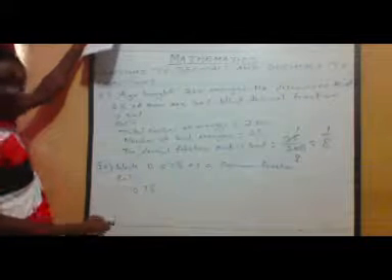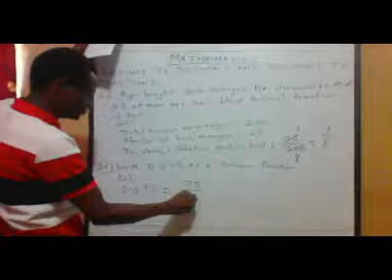If I want to convert this decimal to a common fraction, I will know the number of digits I have after the decimal: 1, 2, 3. That's 1000. That would be 75 divided by 1000. The number of digits after the decimal tells you the number of zeros you will put after 1. That is 1, 2, 3.